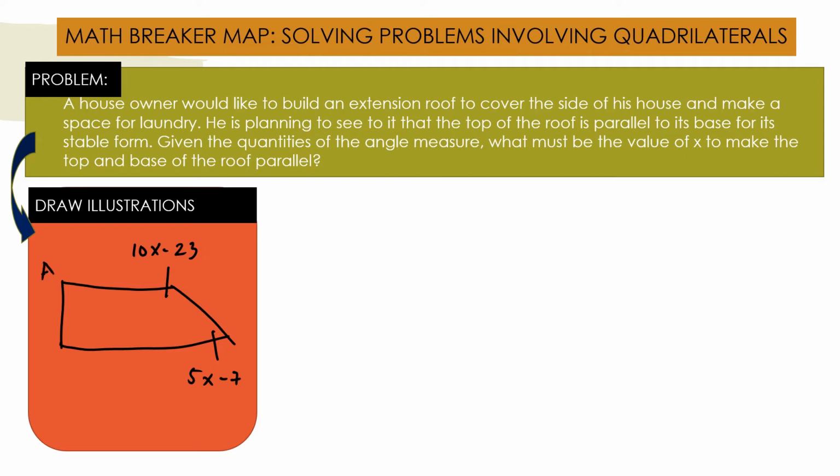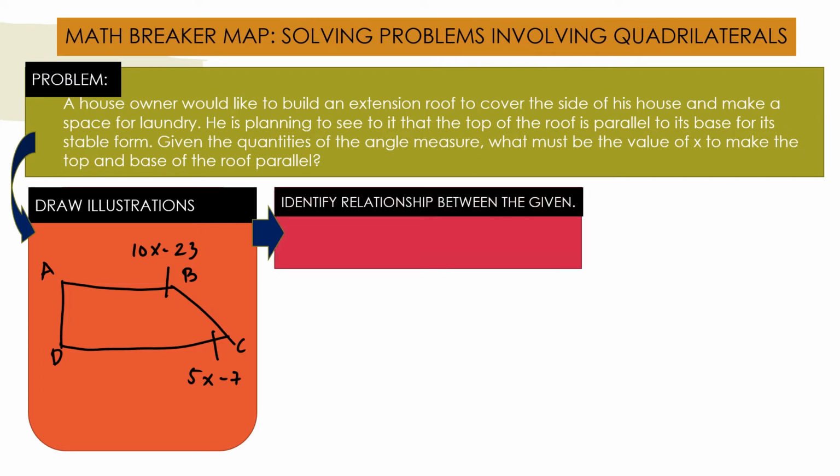Let us name first the given vertices A, B, C, D for us to have a clear view of our figure. So since it is a trapezoid, we need to see to it that AB is parallel to CD.